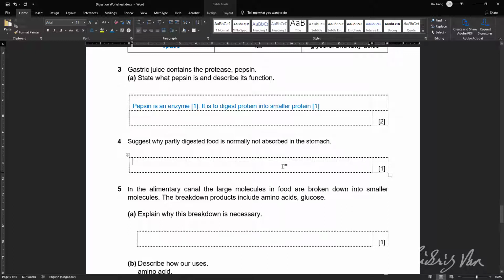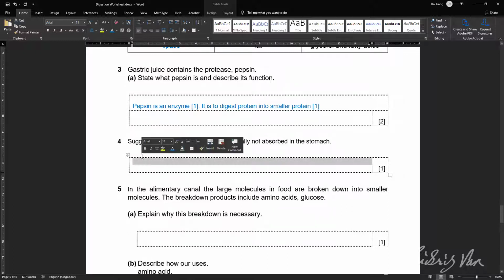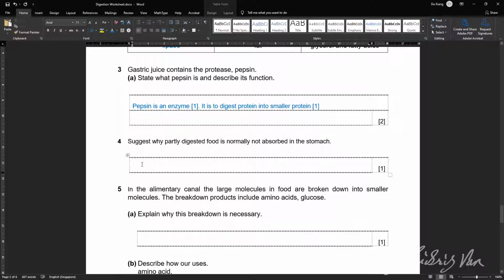Suggest why partly digested food is normally not absorbed in the stomach. Now, most of the food is absorbed in the small intestine, and there's a very good reason for it.